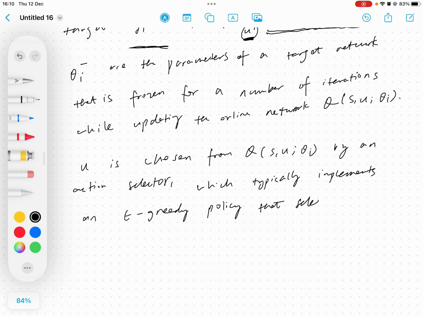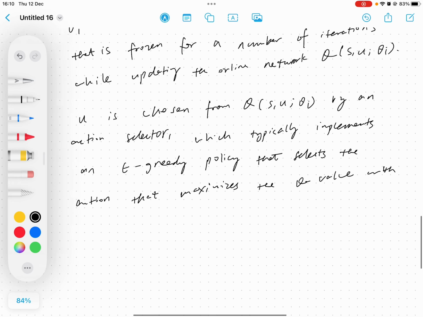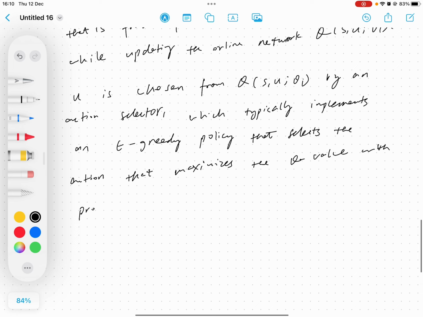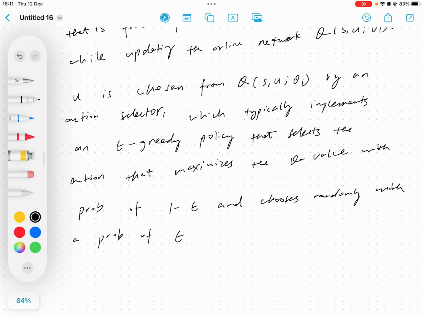It selects the action that maximizes the Q value with a probability, let's say, of 1 minus epsilon, and then randomly chooses an action with the probability of epsilon.